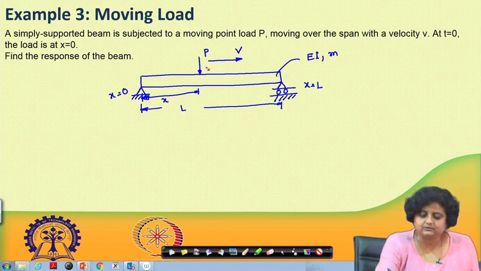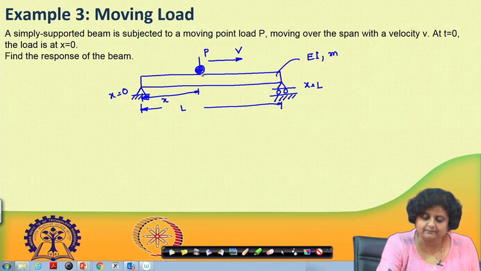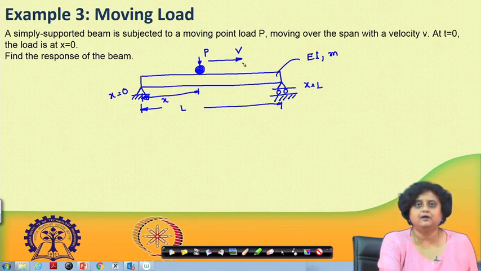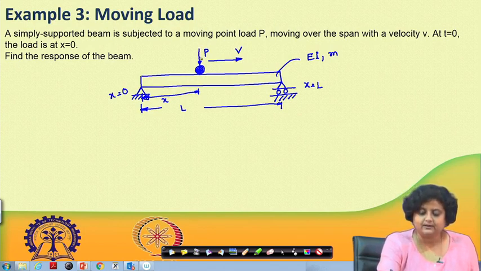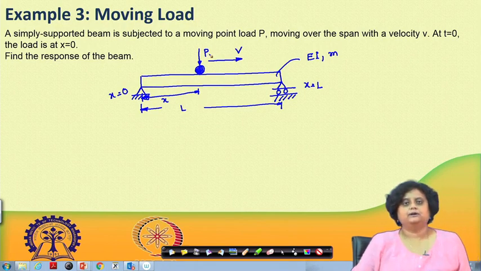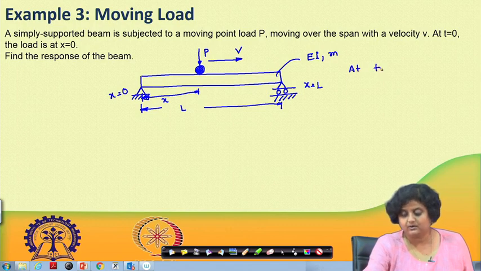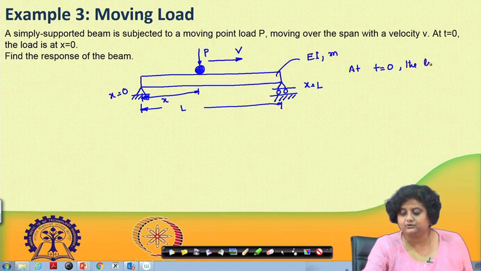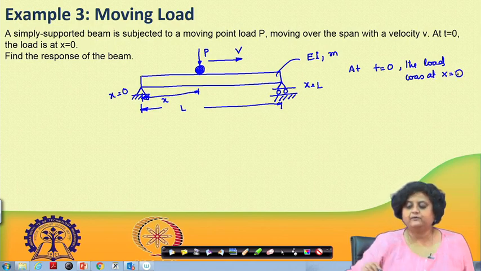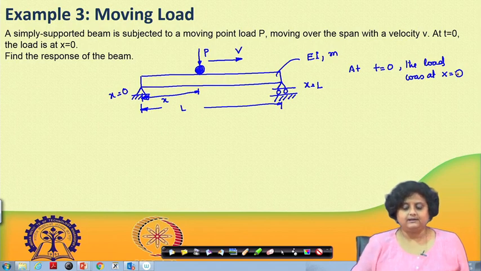So, this P load is nothing but the load imparted by a vehicle which is moving with a speed or velocity of v, and the load of the vehicle is modeled as P, and at t equals 0, the load was at x equal to 0. Let me try to explain the problem in other words.